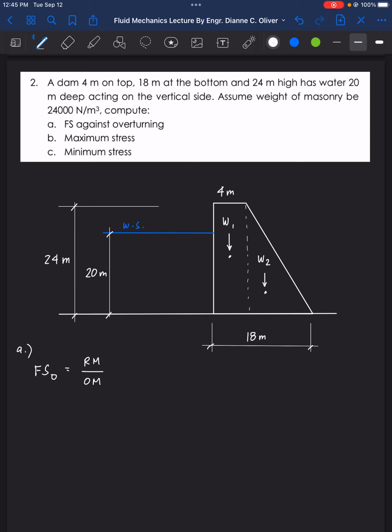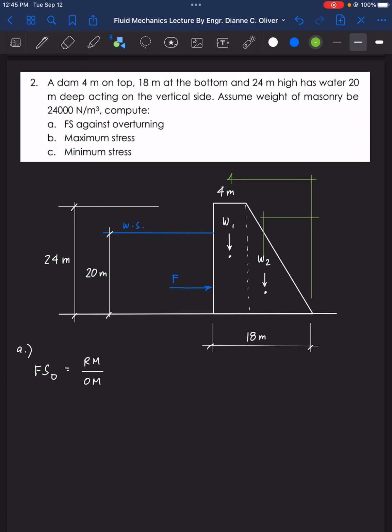We have the force of water here, the force F. Since we're dealing with the distance, this becomes x1 and this becomes x2.